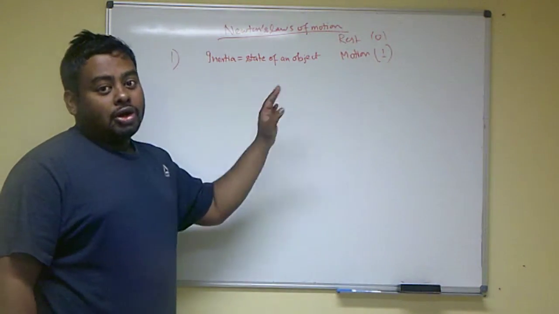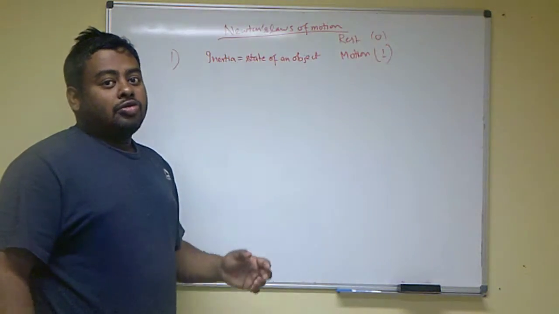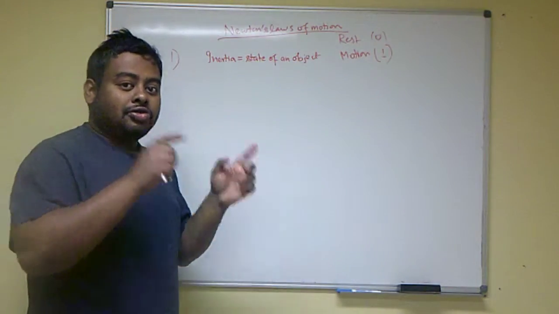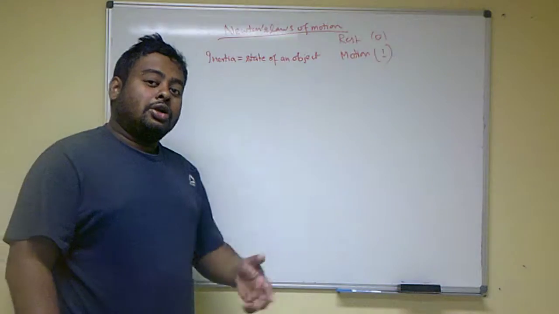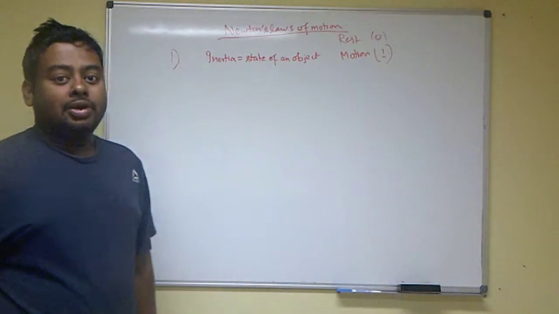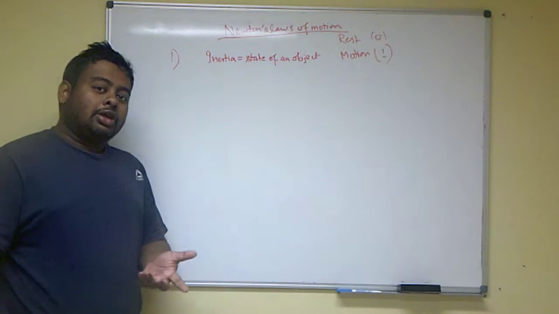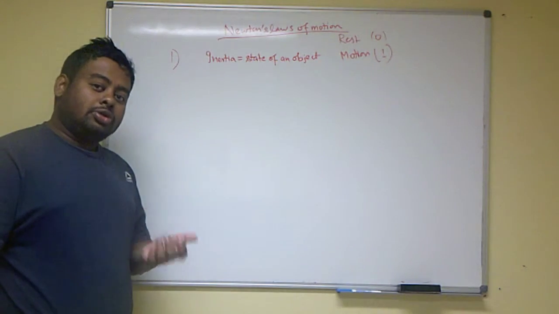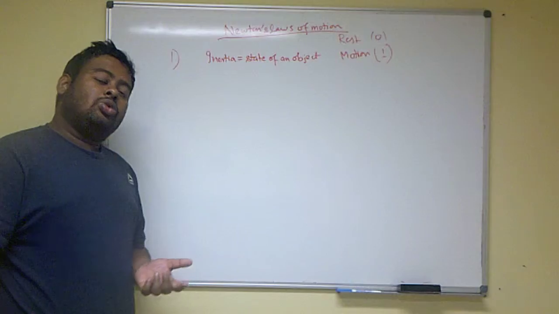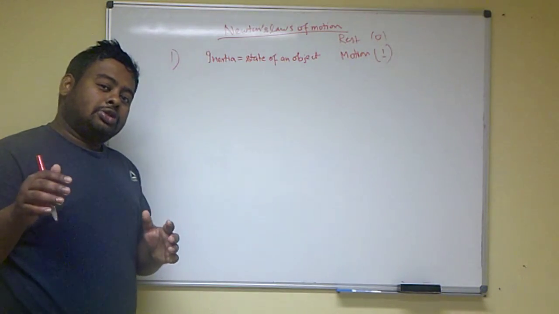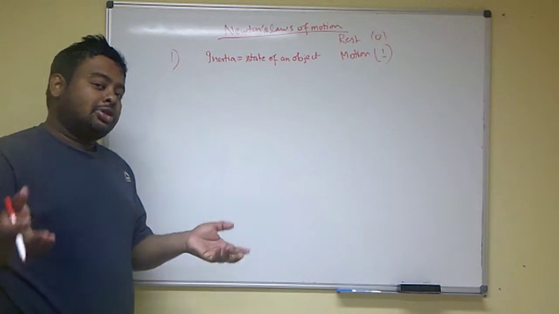And if the body is already moving, then if you do not exert an external force on that body, it will continue to move in the similar manner. Okay, so rest will favor rest and motion will favor motion if there is no external stimulus which is going to disturb those inertial states.